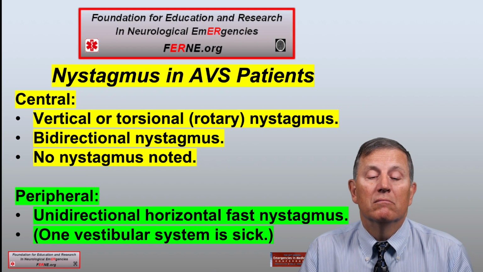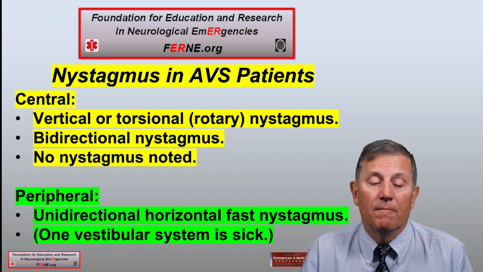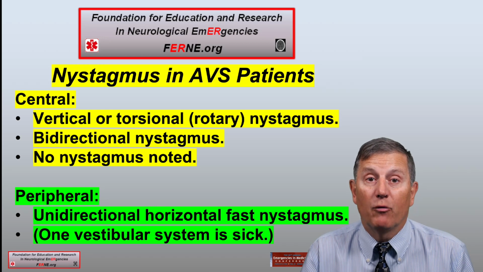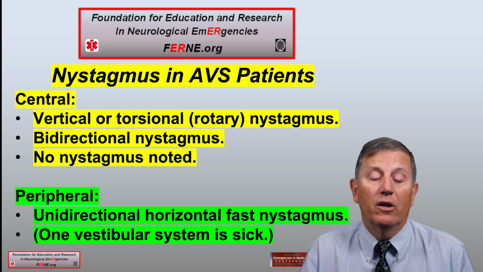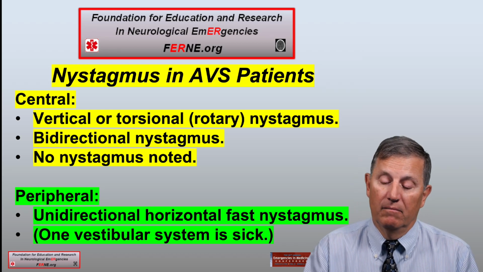So, central etiologies for nystagmus: no nystagmus whatsoever, vertical or torsional rotatory nystagmus, or bidirectional fast component nystagmus. Peripheral: unidirectional horizontal fast nystagmus, suggesting that one vestibular system is sick.